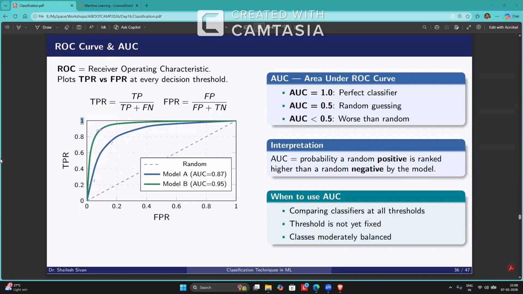The point is we don't have to think about the threshold, right? We just have to find TPR and FPR for all the models, whether it is KNN or any other. We train the model, then we have the test data, and in the test data, we have to find this TPR and FPR. Exactly.